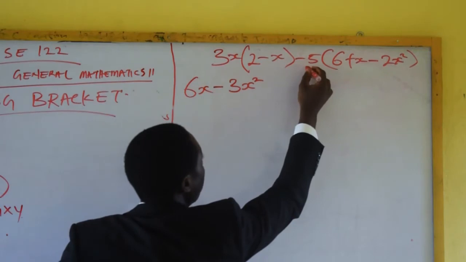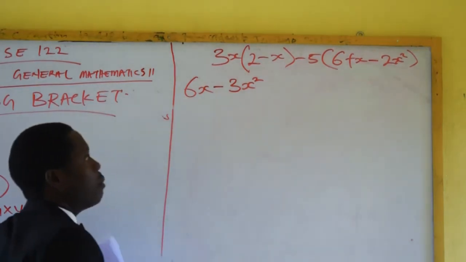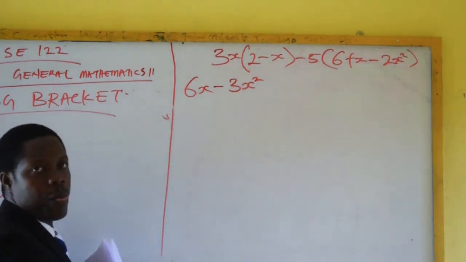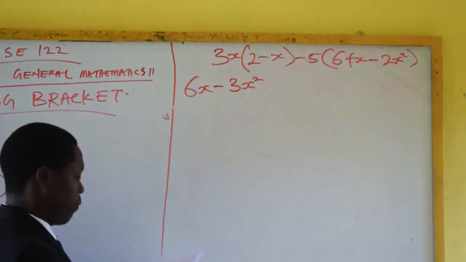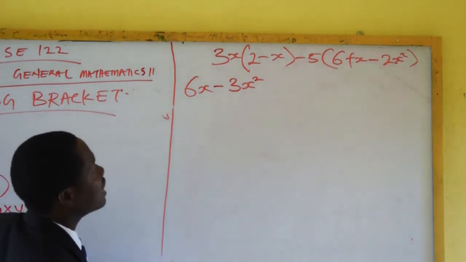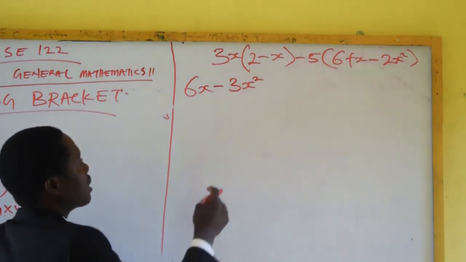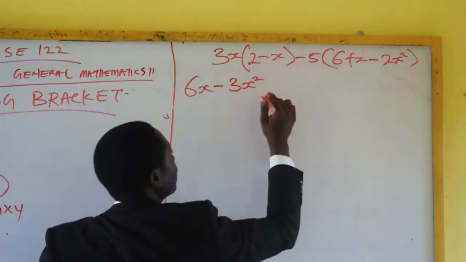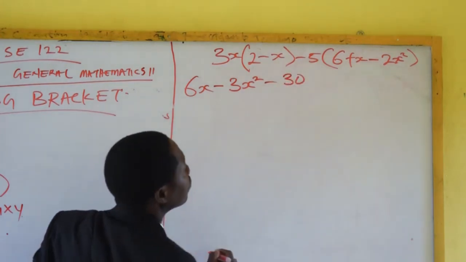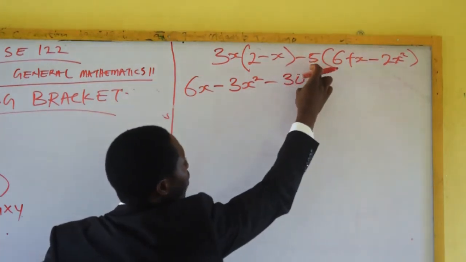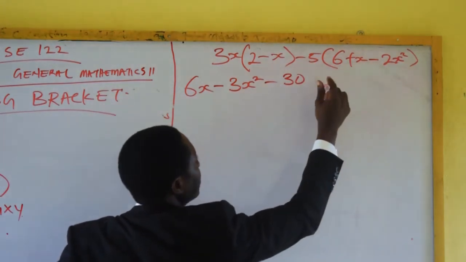Then you now open this other bracket with the negative 5. Is that okay? Good. Minus 5 multiplied by positive 6. That will give you negative 30. Is that okay? Negative 5 multiplied by positive x.